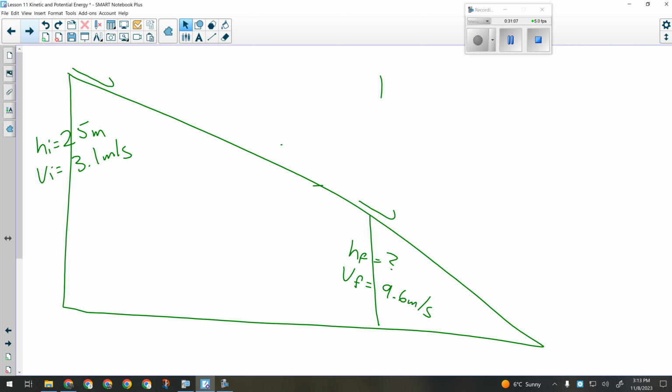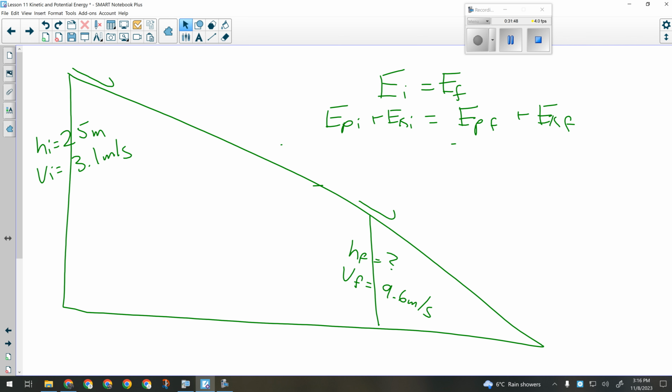Okay, see what you remember from Science 10. This question starts out with the law of conservation of energy. My initial mechanical energy and my final mechanical energy are equal. You need to solve for the height at the second point. Okay, so initially, I have both kinetic and potential energy. Would you agree? Okay, so if I'm writing this here, I've got potential energy initial plus kinetic energy initial equals potential energy final plus kinetic energy final.